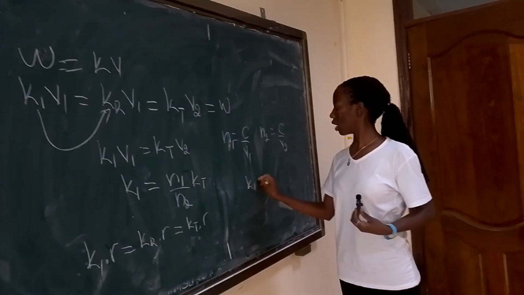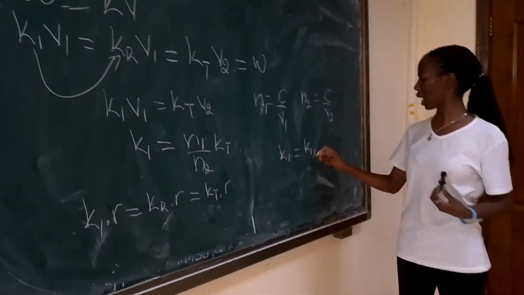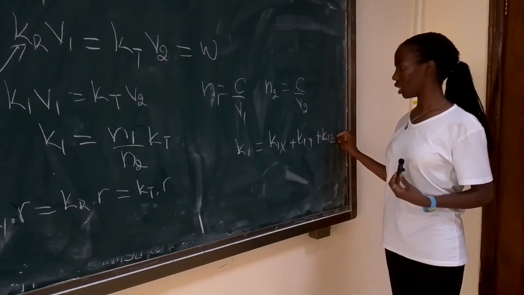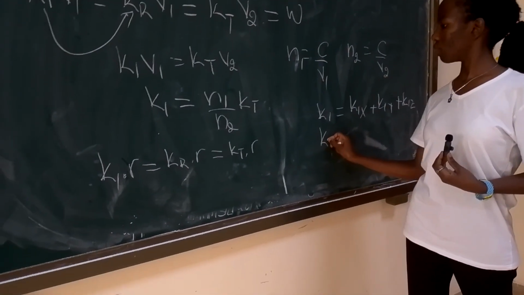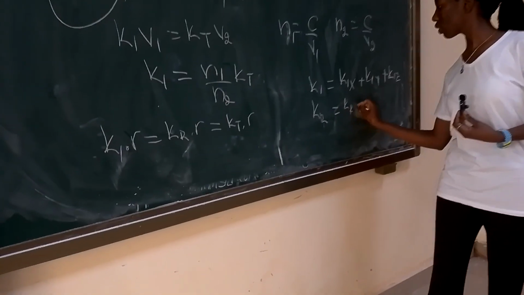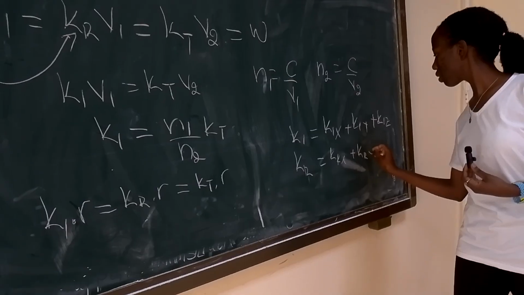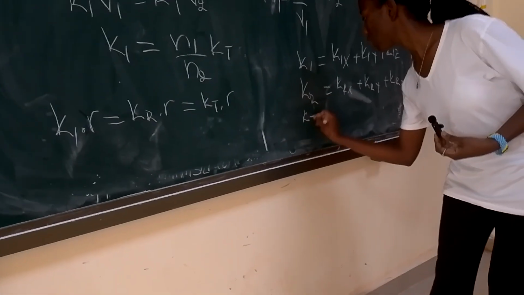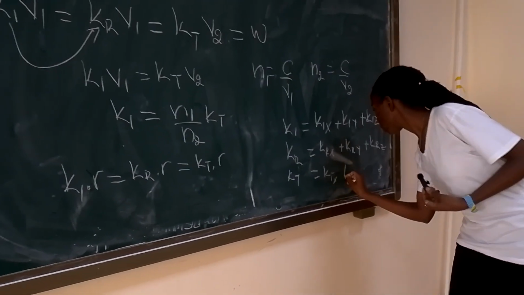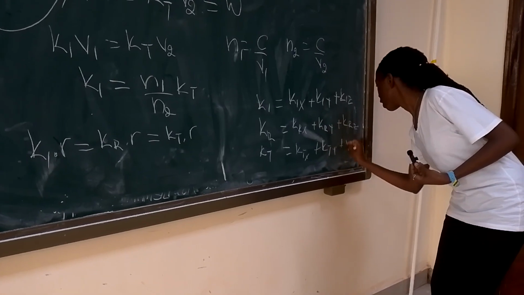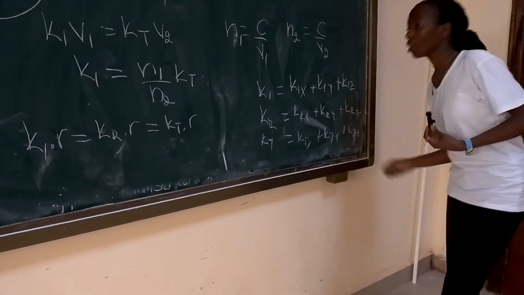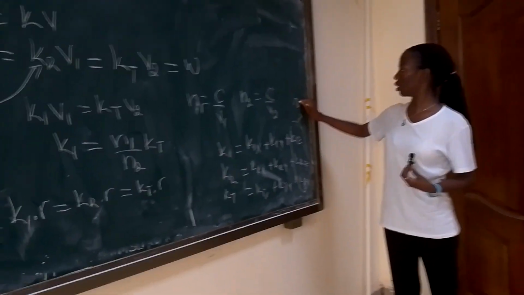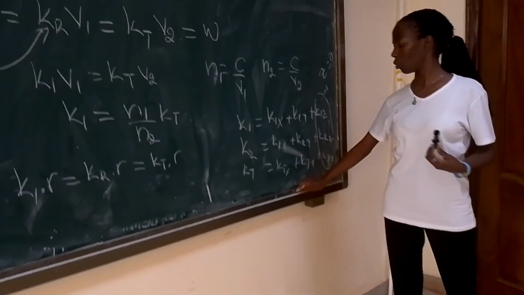And this Ki has components Kix plus Kiy plus Kiz. Even KR has KRx plus KRy plus KRz. Even for KT, we have KTx plus KTy plus KTz. But our boundary condition is saying that this z is not included. This must be equal to zero, and we remain with this one.